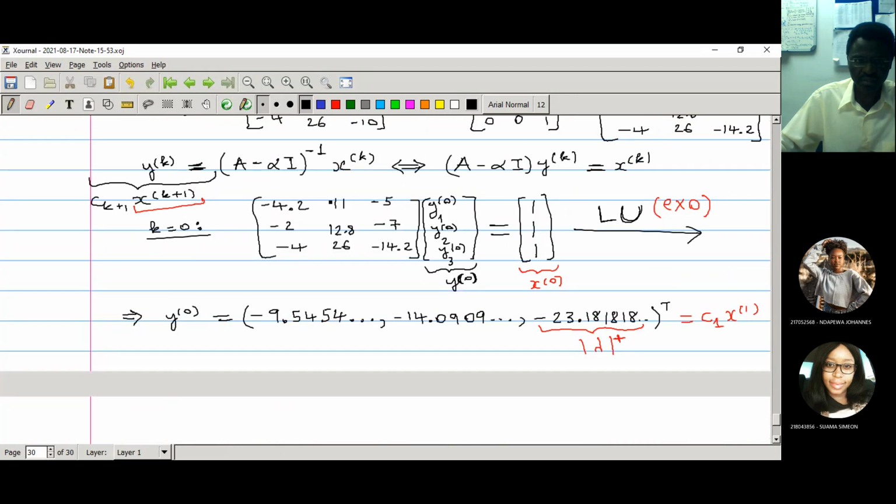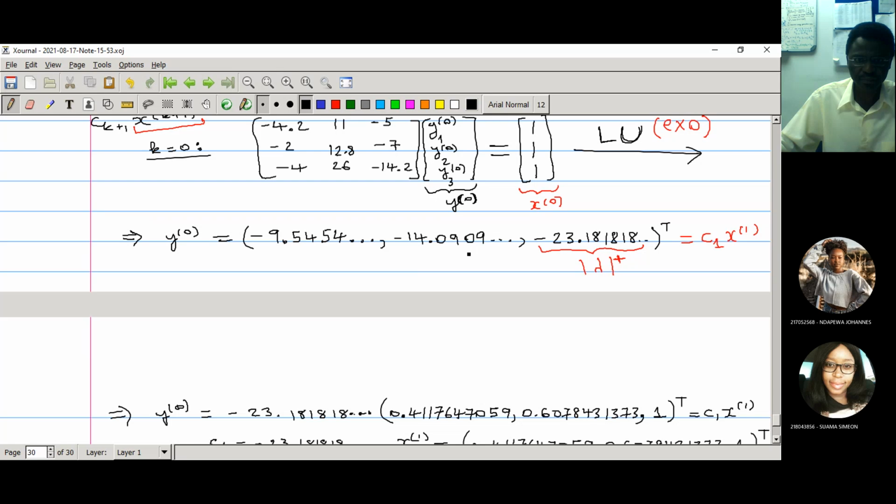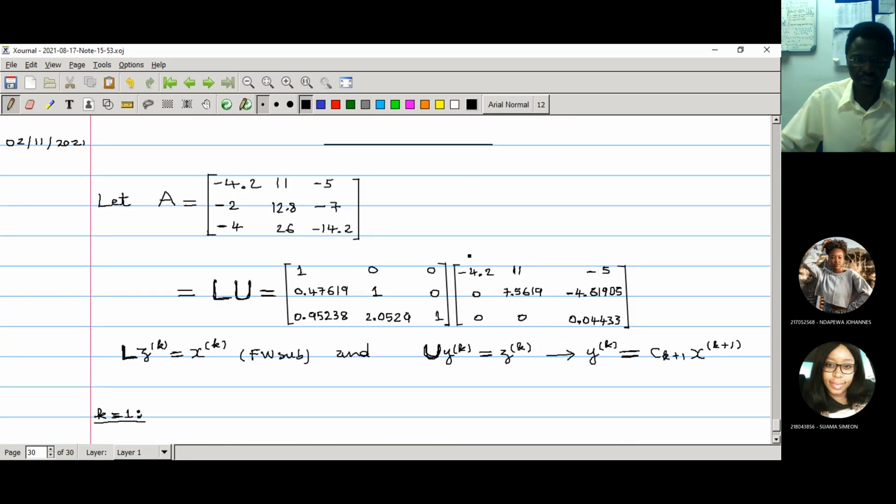How did we get y0? We solved this with 1, 1, 1, 1, and we obtained this by performing the LU decomposition. So what I did here, I asked you to perform the LU decomposition and obtain this. So this is the L and this is the U.